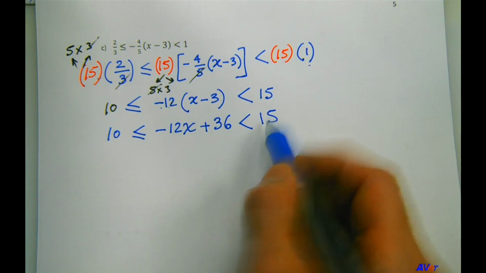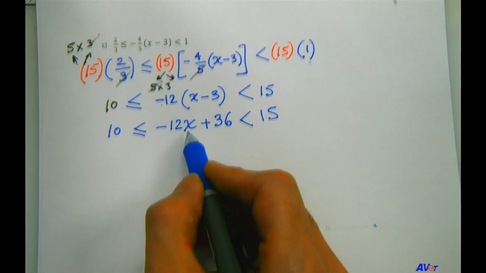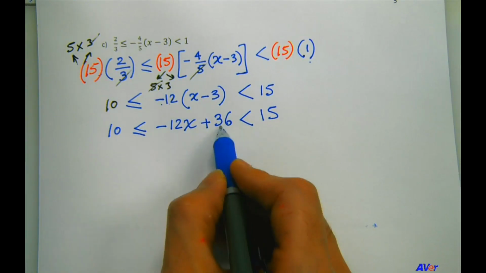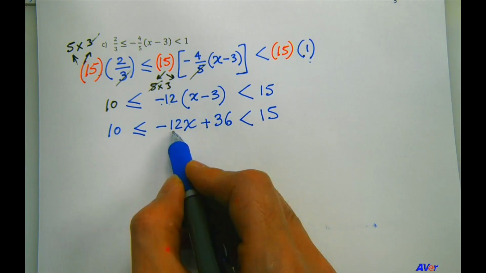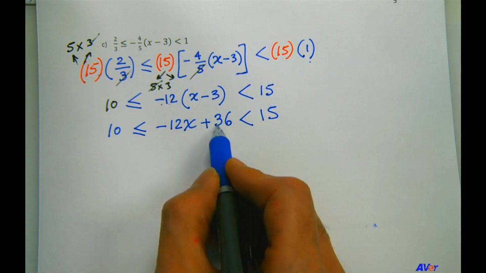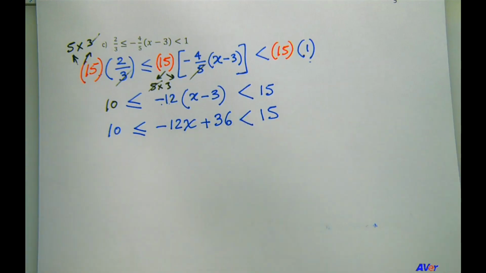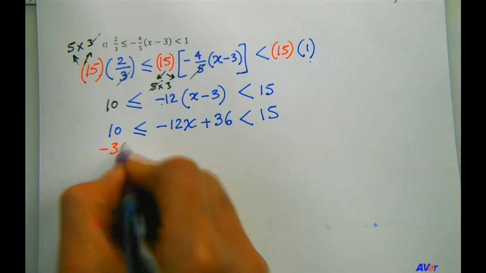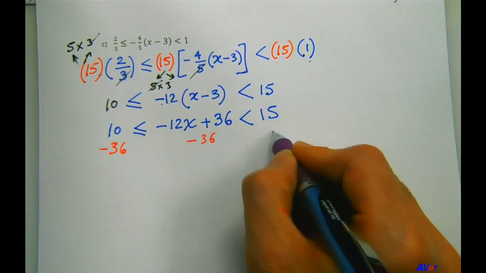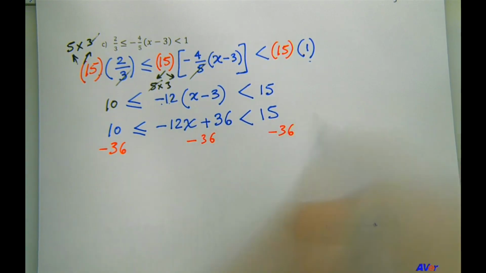Okay? So now, in order to solve for x, we need to isolate x. So we need to get rid of this 36. We need to get rid of the negative 12. Okay, first let's get rid of the 36. 36 is being added, so to get rid of it, we need to subtract it from all sides. So minus 36 from this side, from the middle, and from the right-hand side.